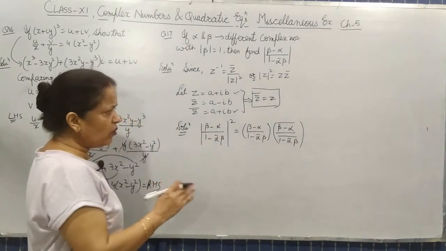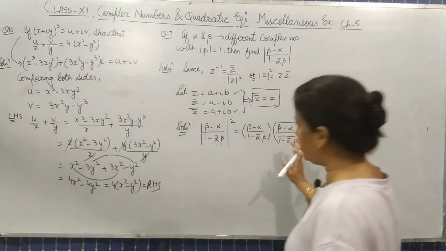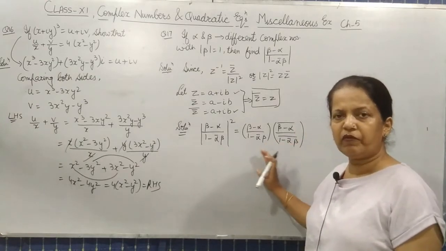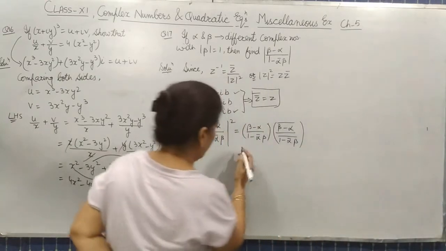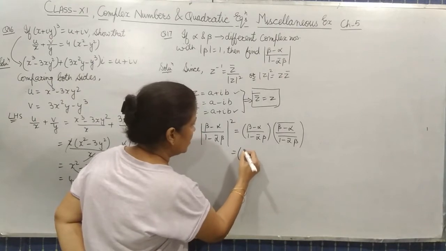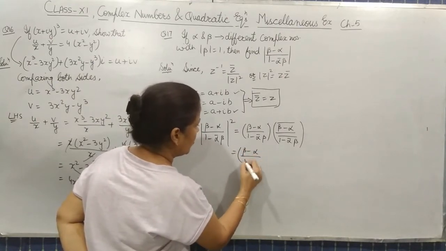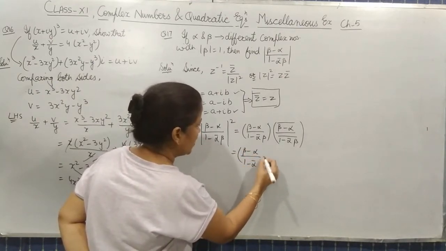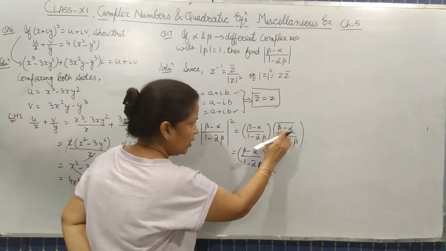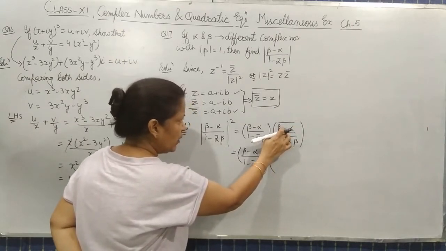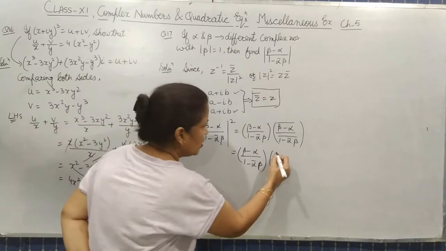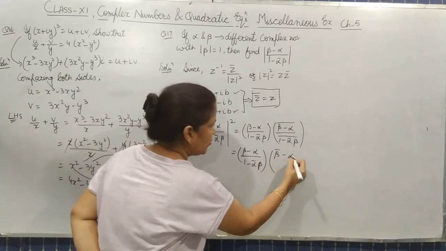Now we have to multiply these two together. But before we multiply it, we will go a little bit further. Beta minus alpha upon 1 minus alpha bar beta. We will rewrite this part; we can write them separately.